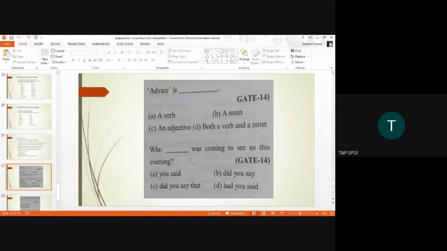The second question is: who dash was coming to see us this evening? So this question has to be framed with an auxiliary verb, depending on the situation.